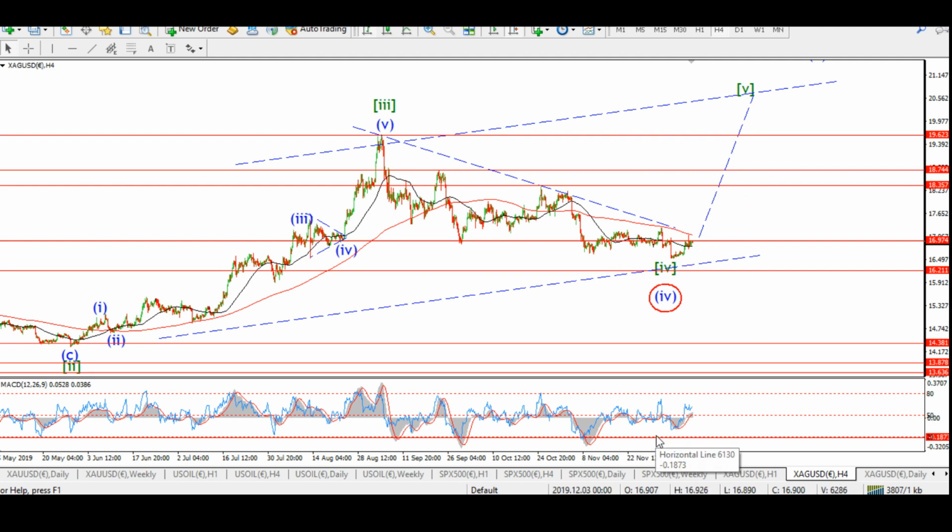So I think again this could be a 4th wave at one lower degree. It's hard to know on that front. Let's see how this next leg up plays out.